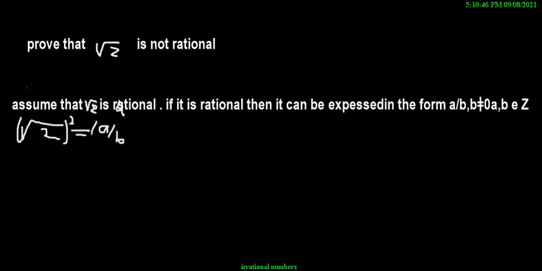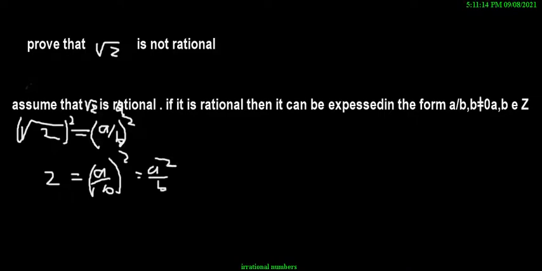We're going to have 2 is equal to a over b squared, which is equal to a squared over b squared.